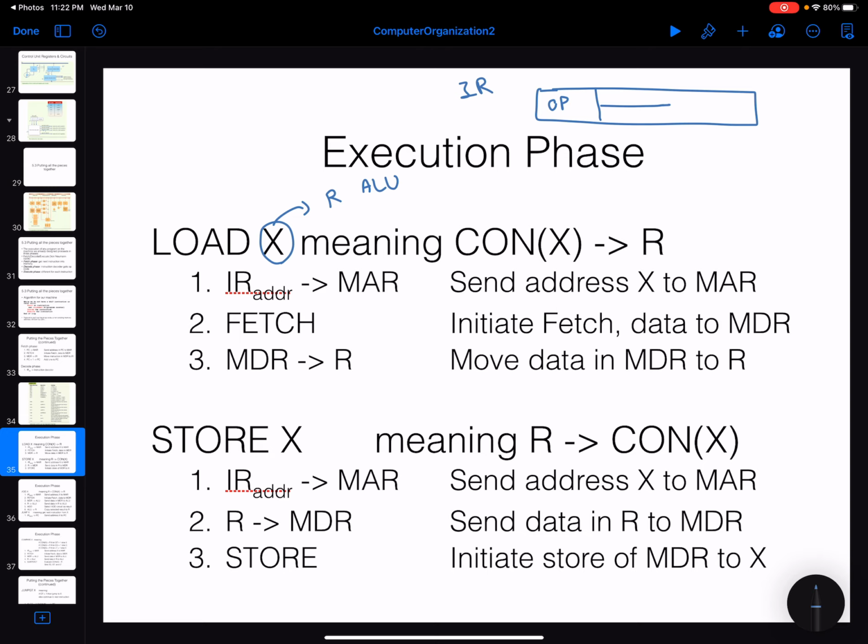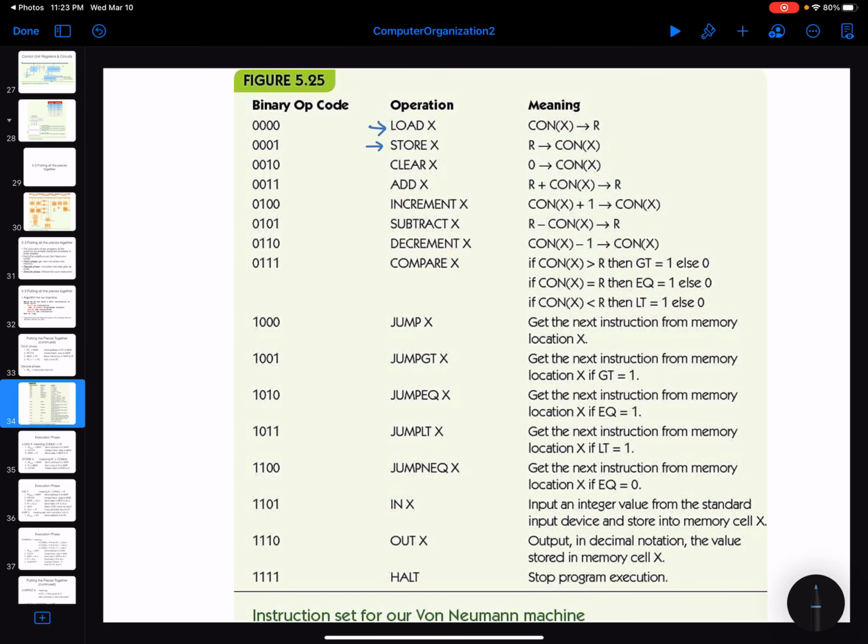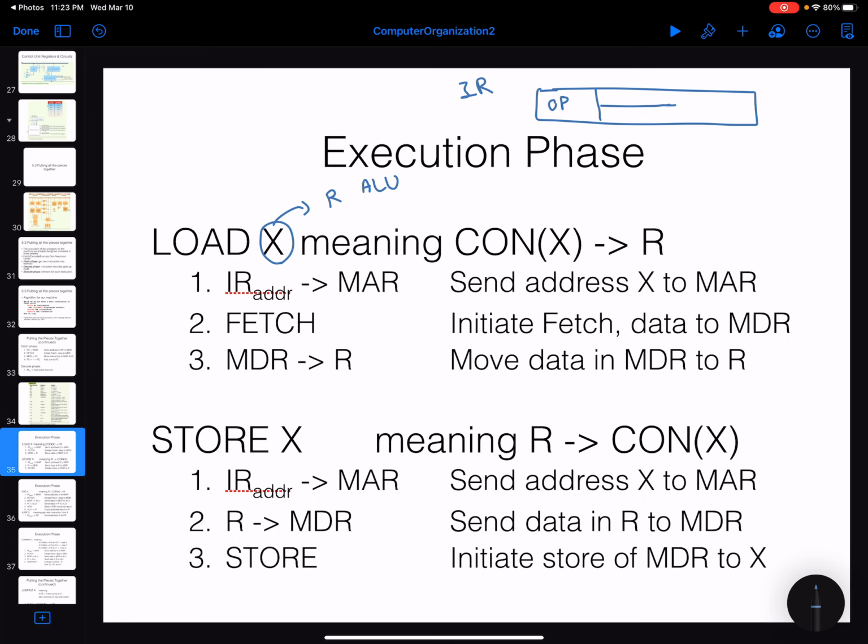For example, in this set that we have, all the instructions have only one argument. The rest of it is going to be the address, which we show as IR address. So this is going to be an address in the memory.